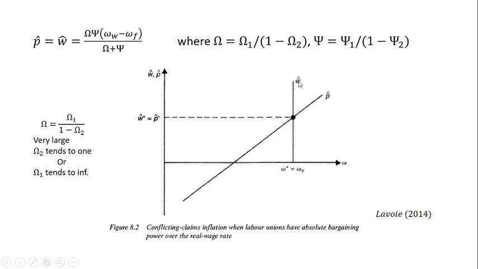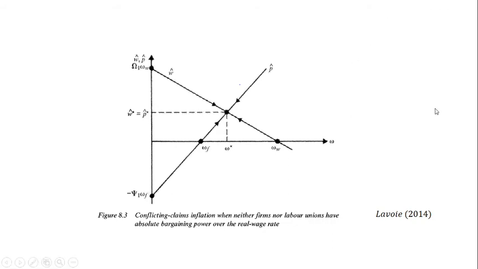It represents the situation where all changes in prices are perfectly indexed by labor unions, or they have infinite bargaining power. But of course, the more general case is where there is no infinite bargaining power or perfect indexation, and in fact, no one is in an ideal or almighty powerful situation.